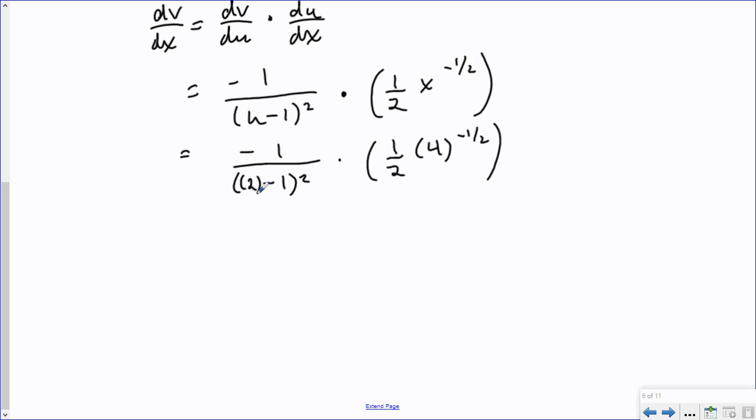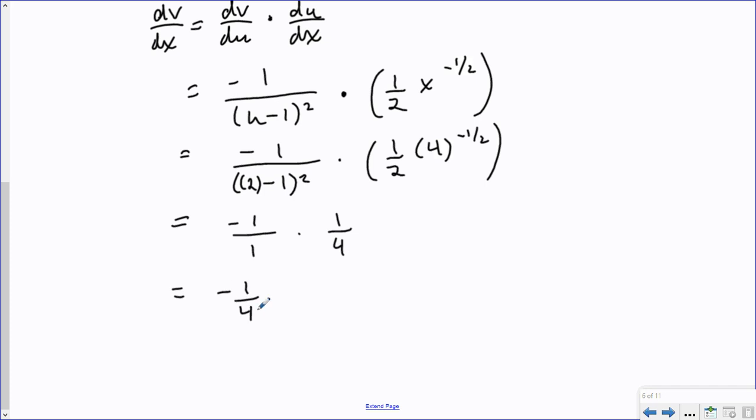Better make sure that that was what it was. I think so, yeah. Okay, so can I evaluate now? All right, so negative 1 over 1, okay, and then I've got the square of 1/4 here, so I've got a negative 1/4.